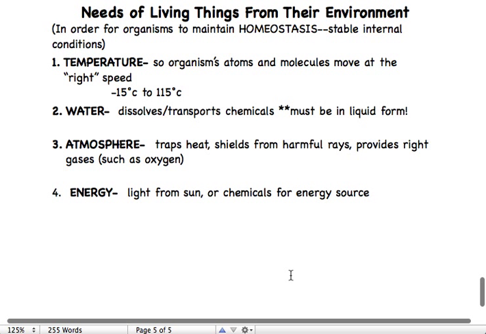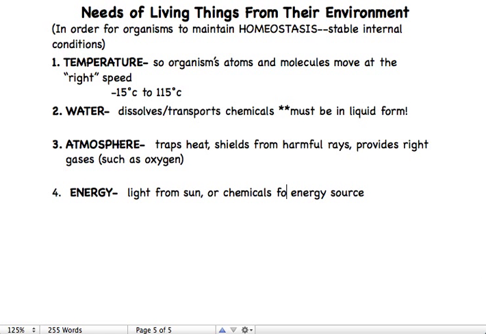So think about it. Chemicals from an energy source. If you're getting chemicals from an energy source, so you're eating a plant, that's your energy source. The energy in that plant was created because the sun exists, and the sun helped that plant perform photosynthesis. So the ultimate source of energy is the sun, and that is necessary for life.